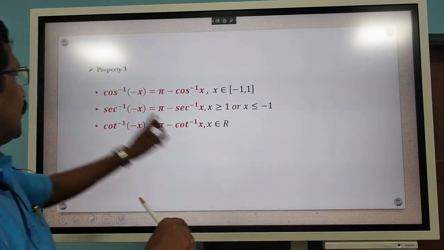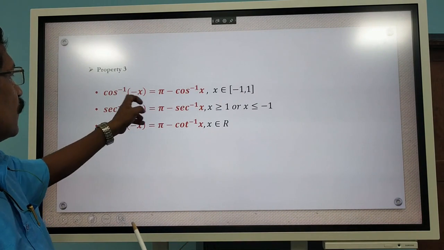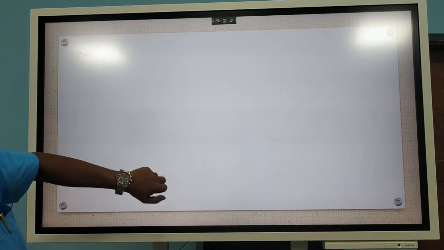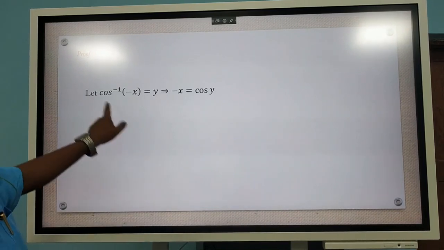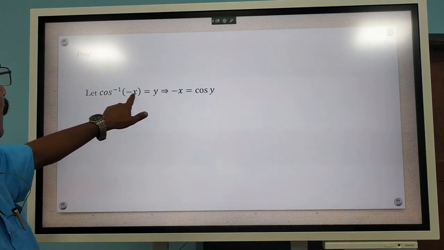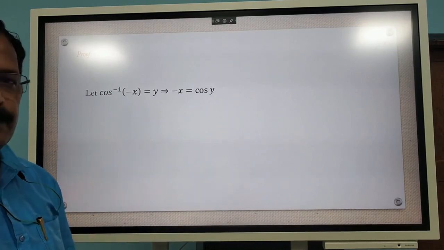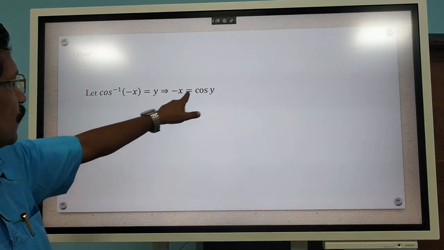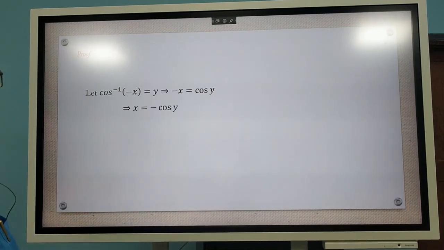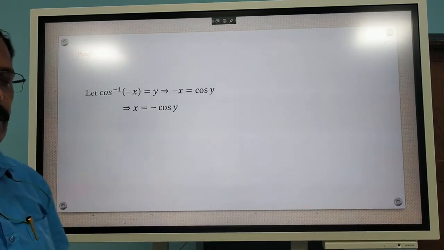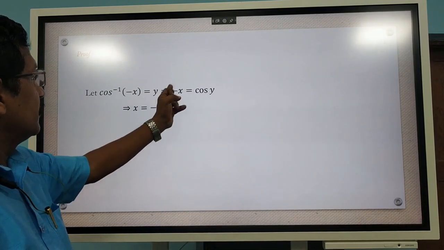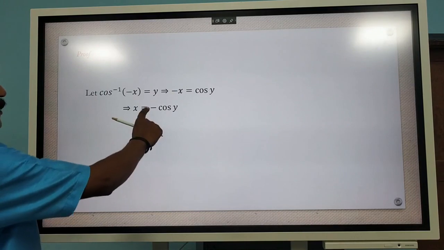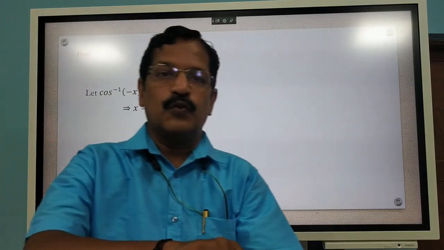I am going to prove the first result, that cos inverse of minus x is equal to pi minus cos inverse of x. Here comes the proof. Let cos inverse of minus x be equal to y. Bring the cos inverse to the right hand side, so minus x is equal to cos y. So x is equal to minus cos y. Now what is minus cos y?